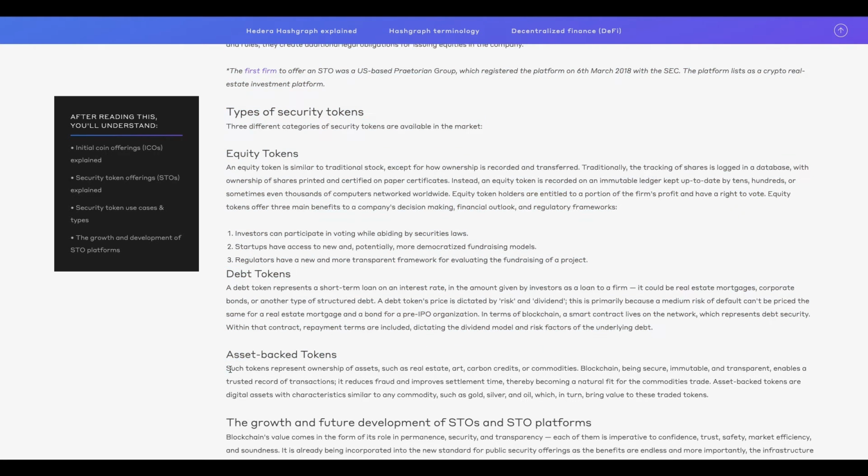So it's saying tokens that are similar to commodities such as gold, silver, and oil. And I would assume if this is asset backed, it would be backed by something like the US dollar or reserves.